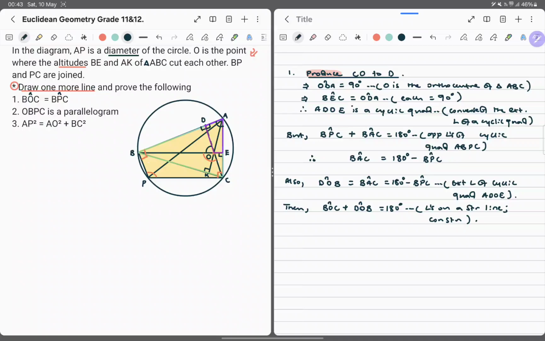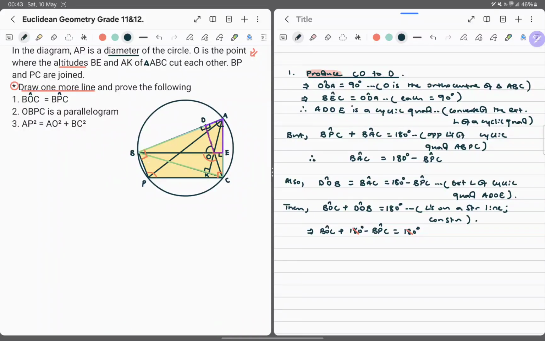Great. So what are we saying now? We understand that essentially BOC plus, what is this, DOB? It's 180 degrees minus BPC is equal to 180 degrees. So we know that 180 is the same sign on either side of the equation.